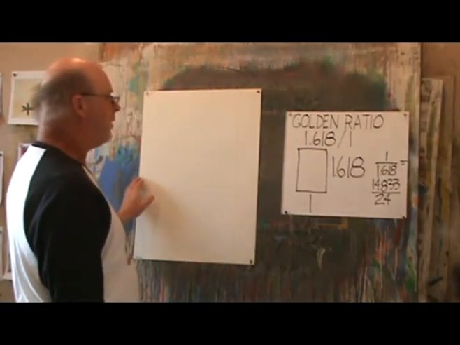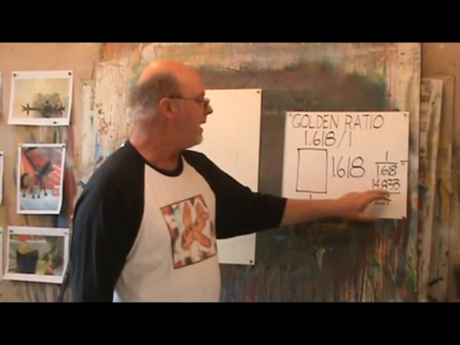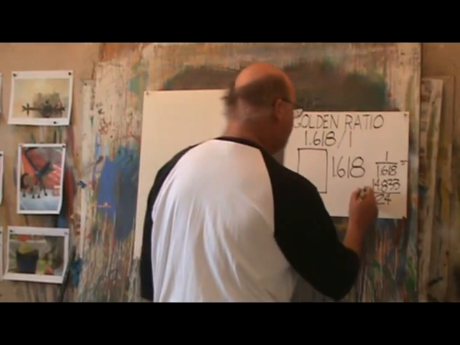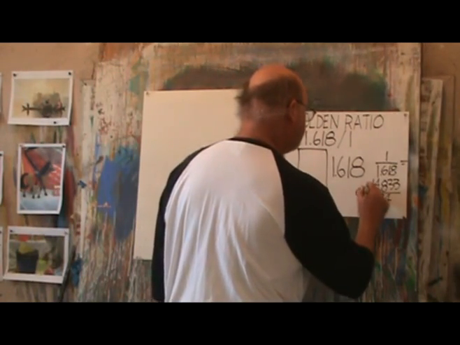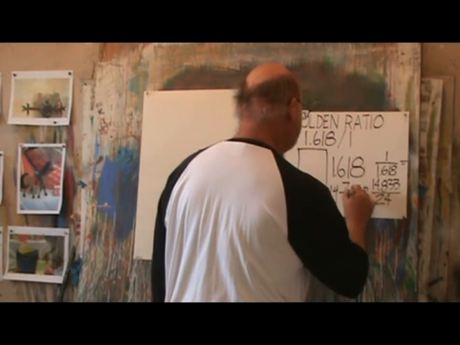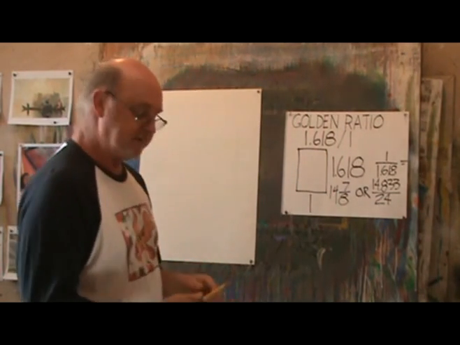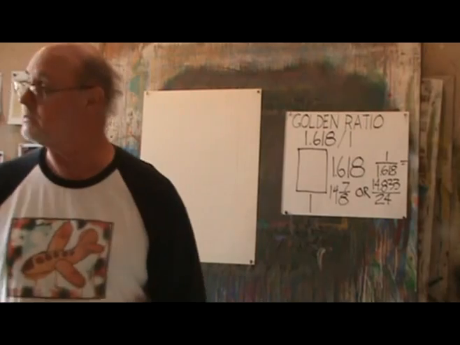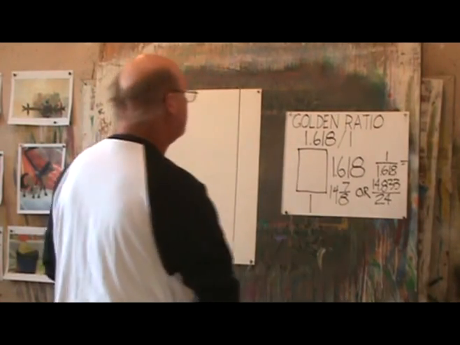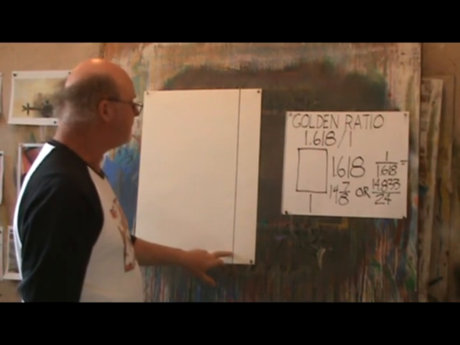So the short distance is going to be 14.833. If you convert that to fractions, that is 14 7/8. Because I've got a scale here that is in fractions and not in decimals. So 24 by 14 7/8.